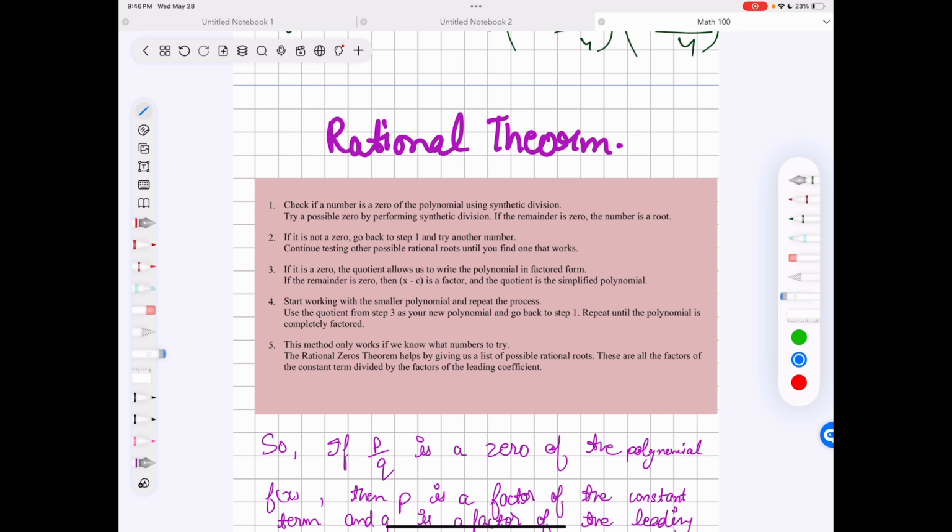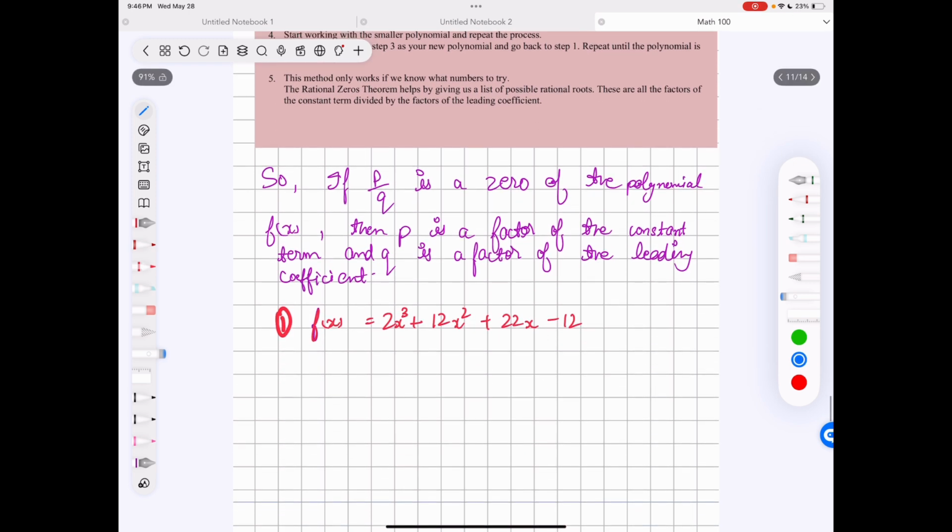So the way we find these rational roots is by taking all the factors of the constant. Sometimes we refer to that as P over Q, with Q being the factors of the leading coefficient. As we have our equation here, the leading coefficient would be this one, and this number here in the front.